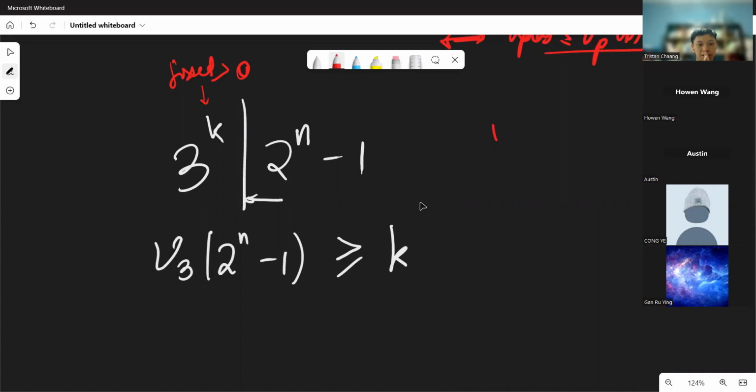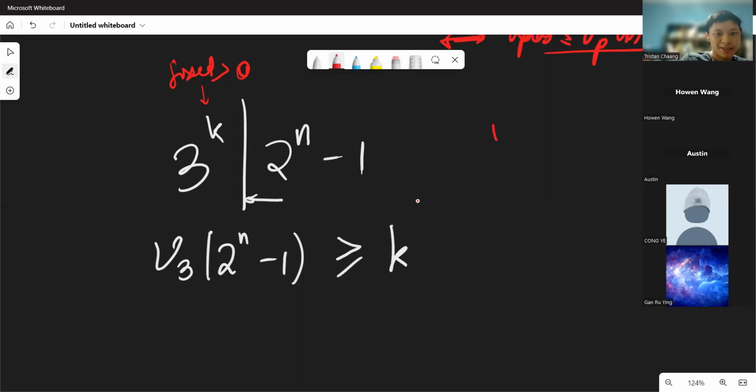So first of all, let's just see what kind of n must it be. How can we give a property for n? Yep, so n must be even, right? Why is n even? Okay, thank you.